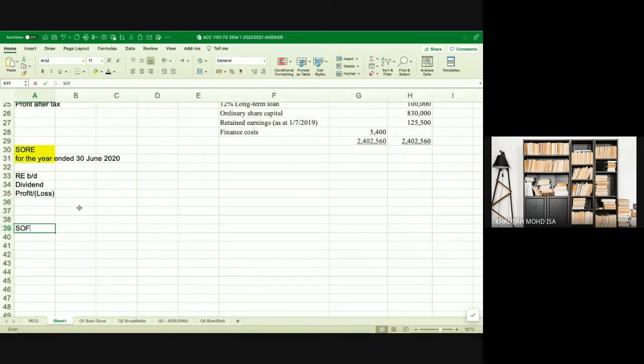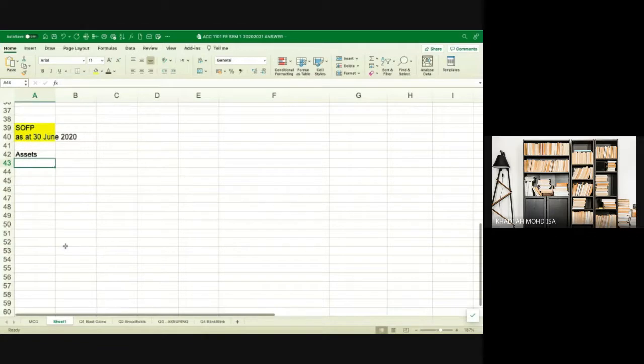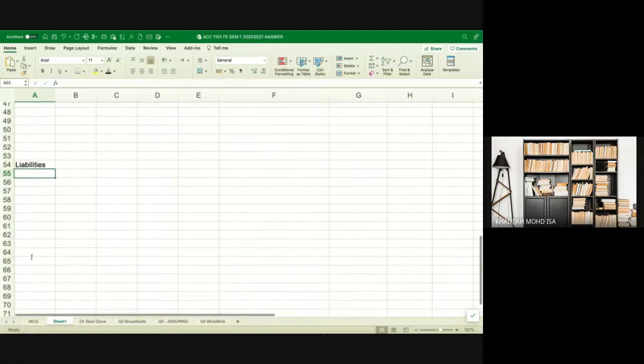Then you have your SOFP, right? Statement of financial position. So this is for the year as at 30th June 2020, right? So what is under here? You have your assets, and then you want to put in your liabilities, and then your owner's equity, right?